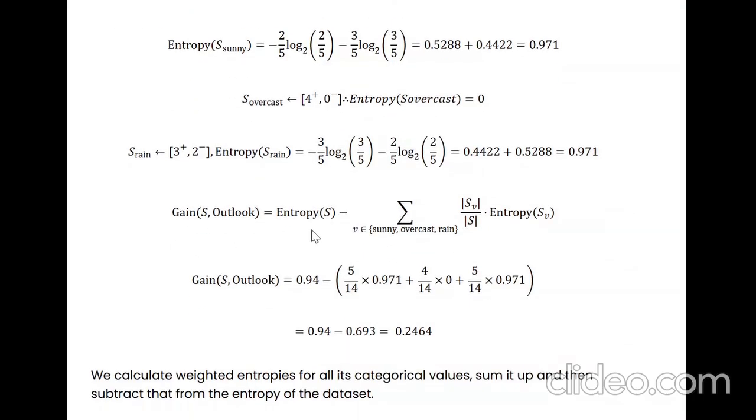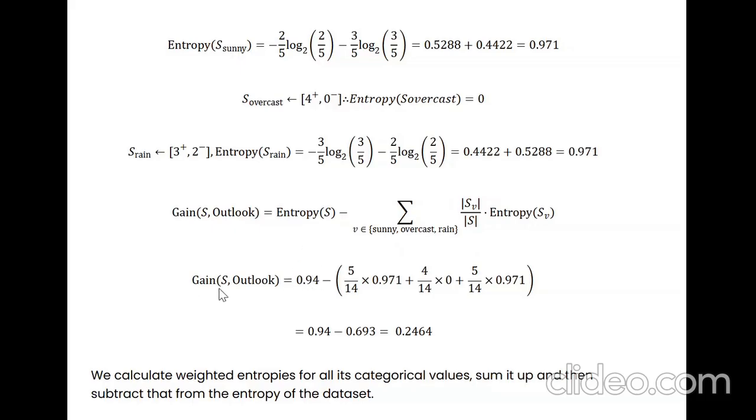Now let us calculate gain of outlook. What is the formula of gain? Entropy of the whole data set minus the summation of weighted entropies of all its categorical values. For outlook, there are three values: sunny, overcast, and rain. We have already calculated entropies of all three values. The only thing left is the calculation of the weights. So let us put in the values.